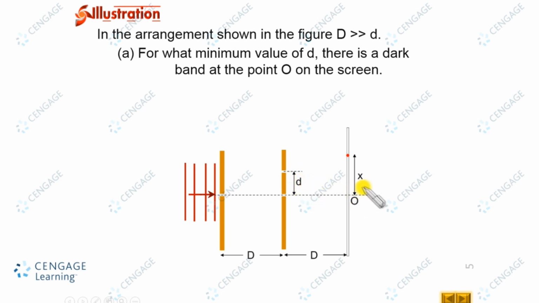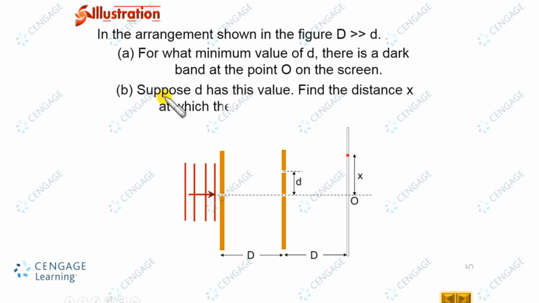Okay. And in the second question, it is given, suppose small d has this value. This value means the one which is stated in the A part of the question. Find the distance small x at which the next bright fringes form. We need to find the small x. Small x is measured from this point O in the upward direction, and we need to calculate this value small x for which the next bright fringes form.